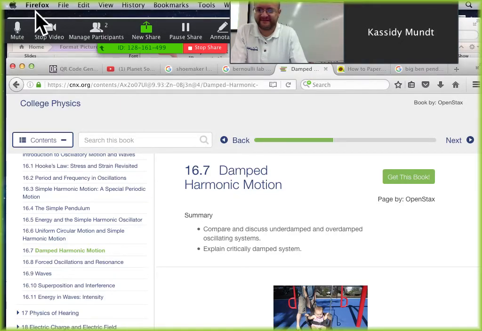How far off? For my first one, I measured 17.4 seconds, and what I calculated was like 6 seconds or something. That is far off.